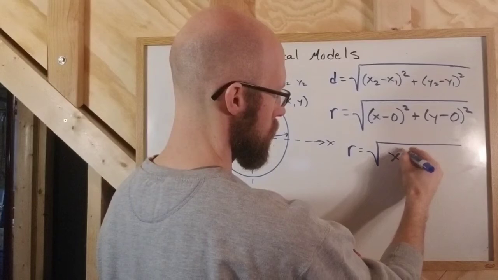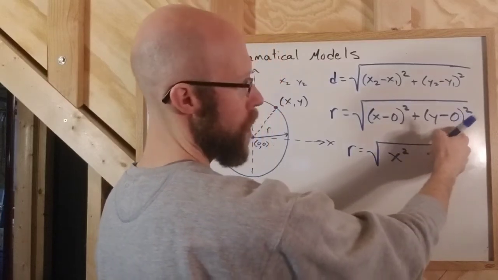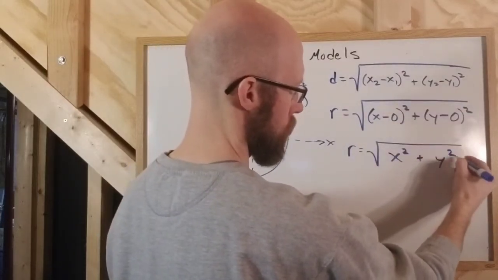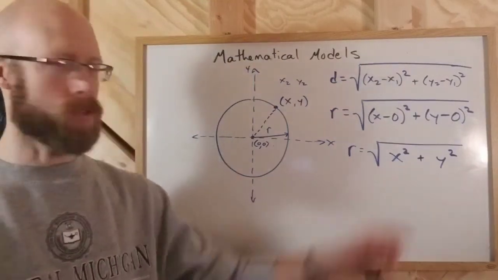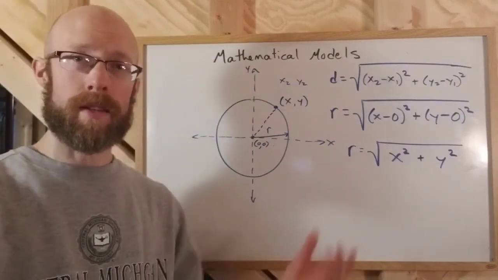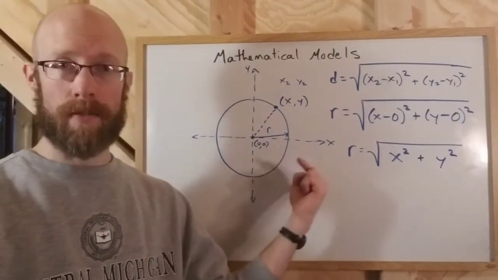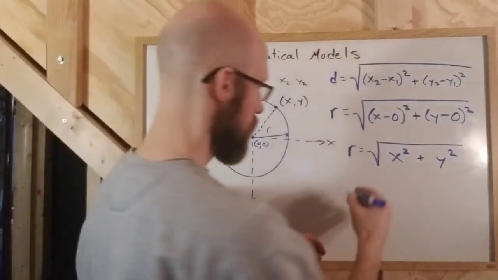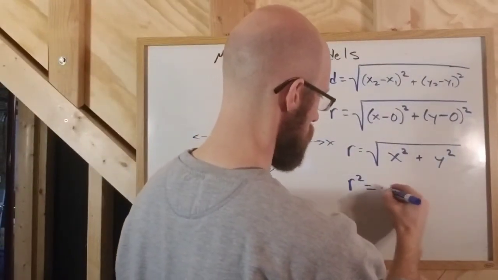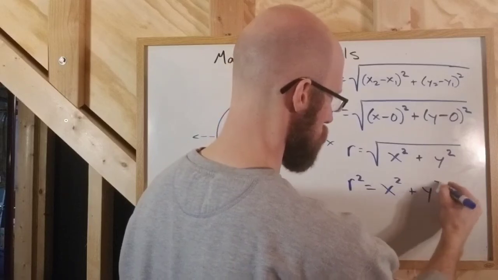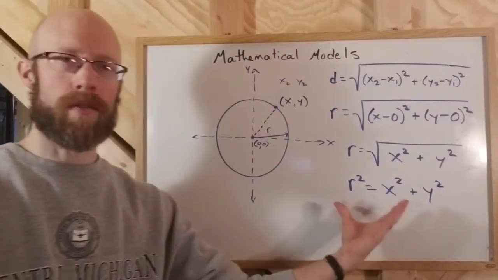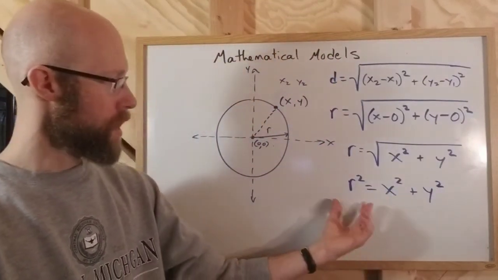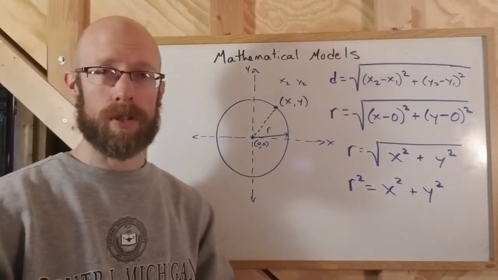That's x squared plus y squared. So r is the square root of x squared plus y squared. If I square both sides, I end up with r squared equals x squared plus y squared. This is the equation of a circle centered at the origin with a radius of r.